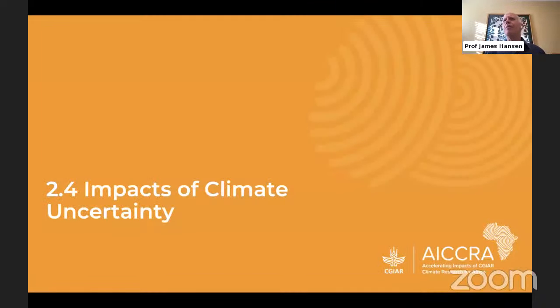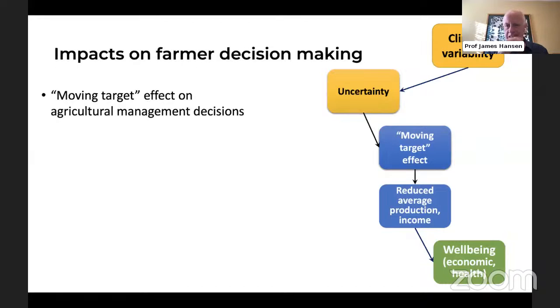So let's now shift from extreme events to variability and uncertainty. We can think of two different mechanisms by which uncertainty related to climate impacts farmer decision-making. I haven't seen any term for this, so I coined the term, the moving target effect on agricultural decision-making.